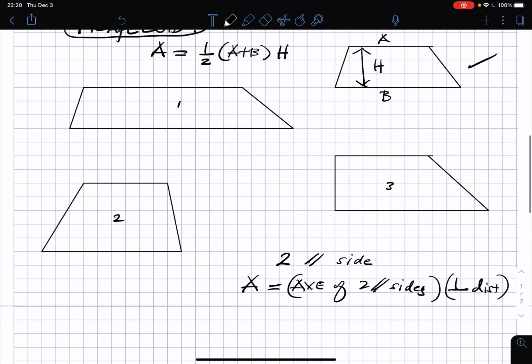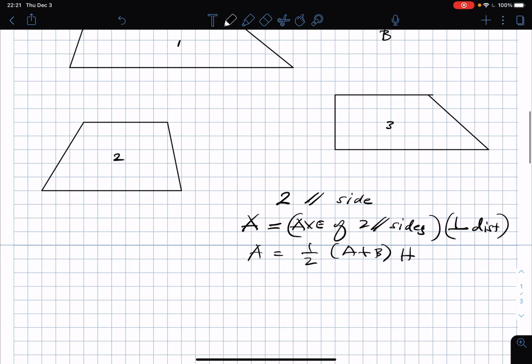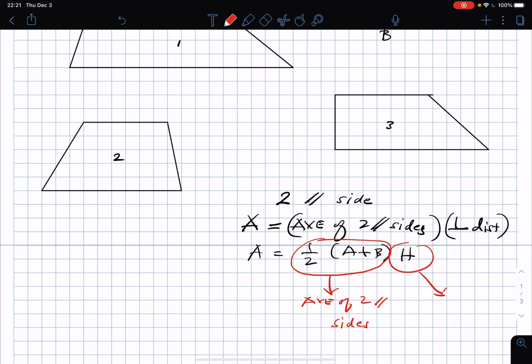So many students are just memorizing A equals 1/2 A plus B times H. But you need to understand that by definition, this expression actually translates to the average of two parallel sides. And this H actually translates to the perpendicular distance between two parallel sides. Okay?